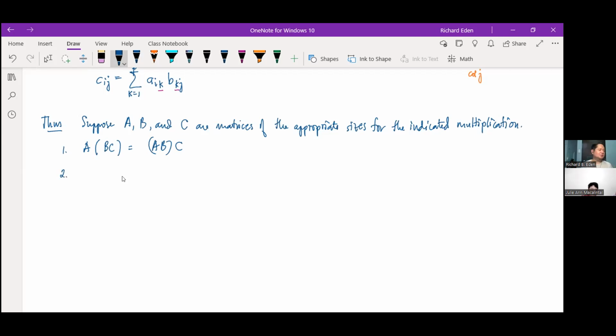And number 2, fortunately, we still have the distributive property: A plus B multiplied to C is equal to AC plus BC. Are these properties you have seen before, Joshua? Do these carry on to vectors, since vectors are one by...? Yes, these apply to vectors, if by vectors you're referring to column vectors and row vectors.